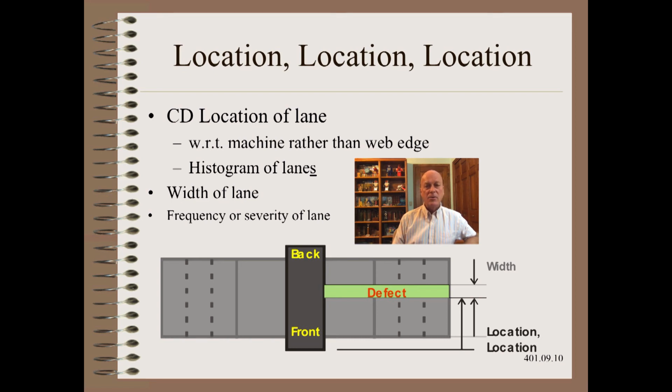Width is number 2, and a far distant number 3 is how bad the problem was. The reason for location being primary is that it allows you to make the very first branch on the tree: man, machine, or material. More specifically, it lets you answer the most important early question, that is, who owns the location of that lane?